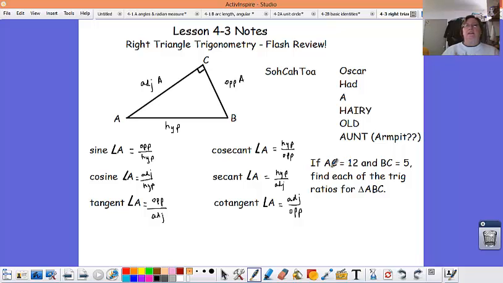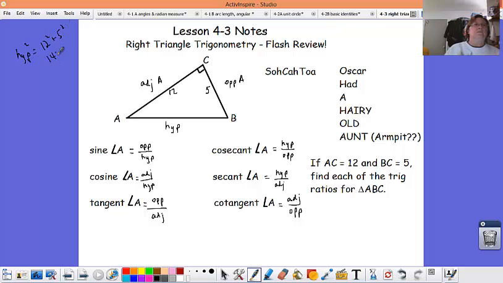Let's apply. If AC is 12, so we have 12 here, and BC is 5, it says we should be able to find each of the trig ratios for angle A. We can't do that unless we know how long the hypotenuse is, but this is a right triangle. So the hypotenuse squared has to equal 12 squared plus 5 squared.